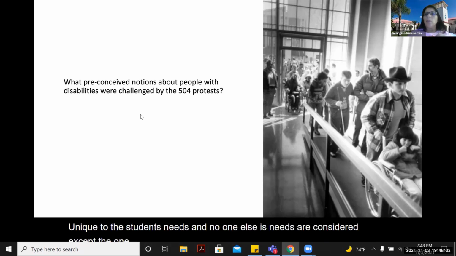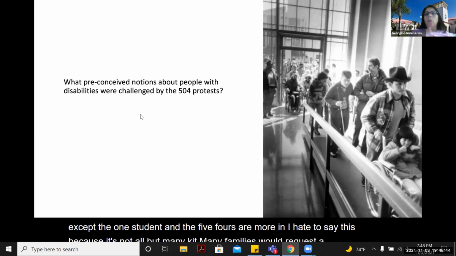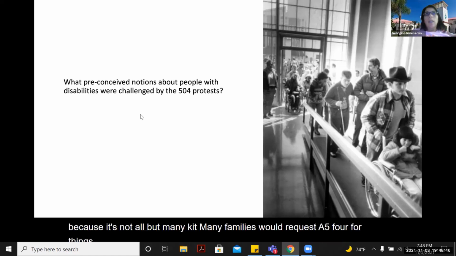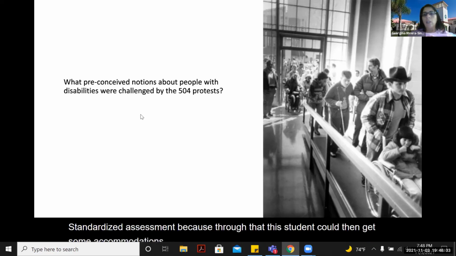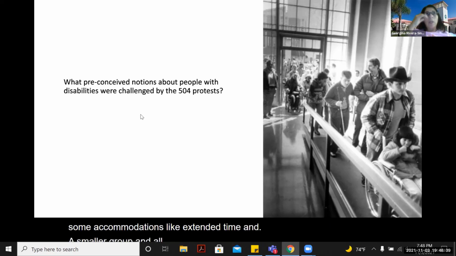And the 504s are more, and I hate to say this because it's not all, but many families would request a 504 for things like diabetes. But they would only request the 504 accommodation when it was time for a standardized assessment, because through that, the student could then get some accommodations like extended time and a smaller group, all these things that you can get through a 504.